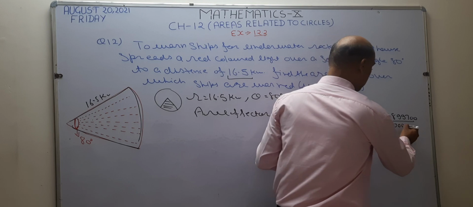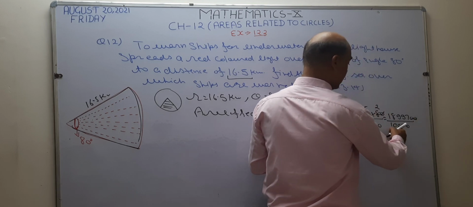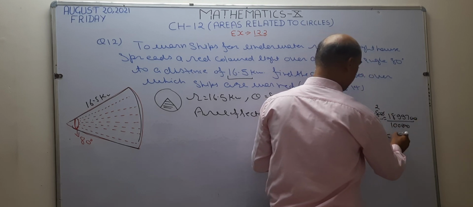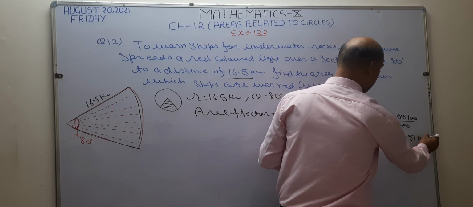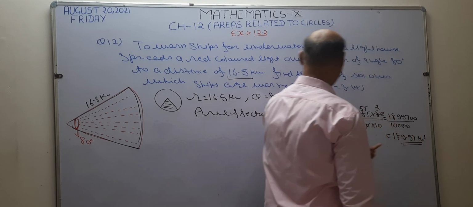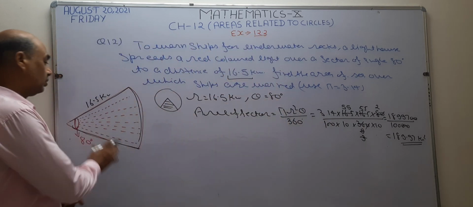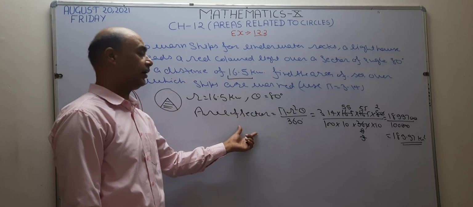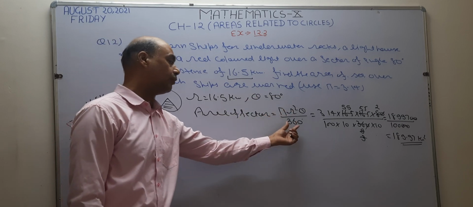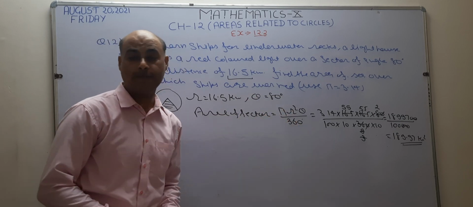Now these 2 zeros are going to cancel. How many zeros are left? 2 zeros are left. The answer becomes 189.9 kilometers square. This is the area covered by this light. So this is the simple answer: the area of the sector in this question you find by using the formula pi r square theta upon 360.